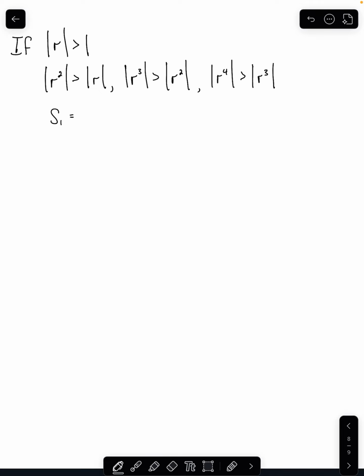The idea then is that s sub 1 would simply be equal to a, s sub 2 would be equal to a plus a times r to the first. Of course, since r is bigger than 1, a times r is bigger than a. So this is bigger than 2a.